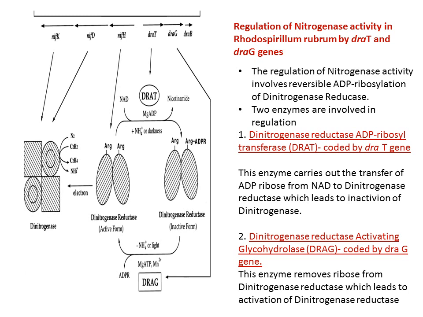It removes ADP ribose from dinitrogenase reductase, so that dinitrogenase reductase becomes active and the nitrogenase activity continues. This is about the DRAT and DRAG genes in Rhodospirillum rubrum, which regulate the nitrogenase activity.